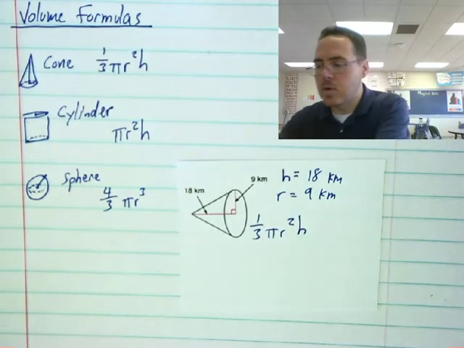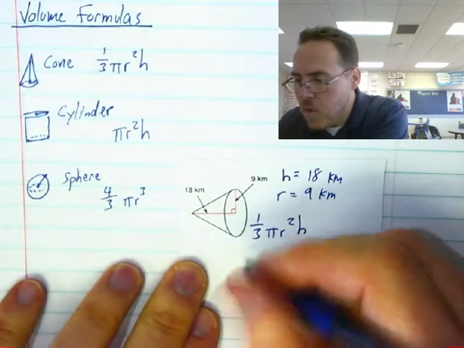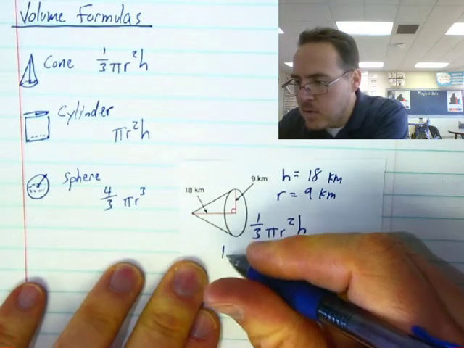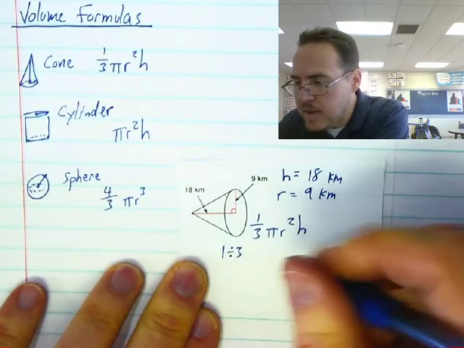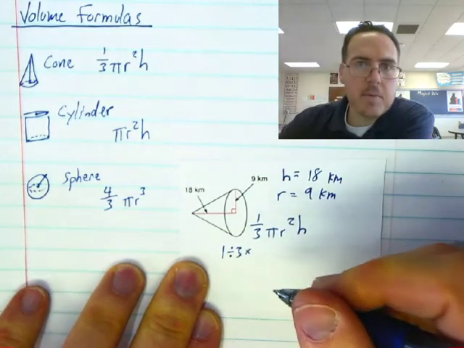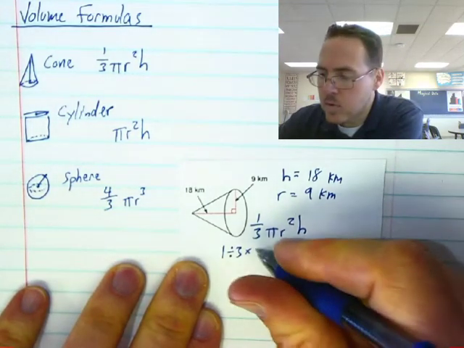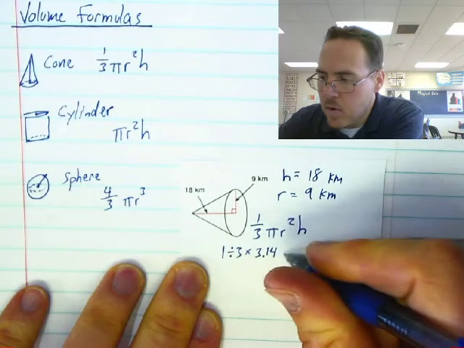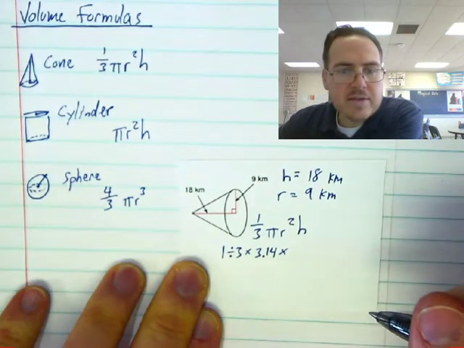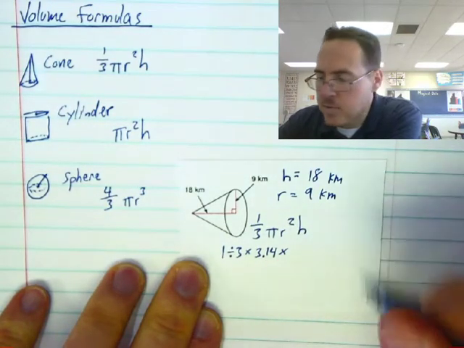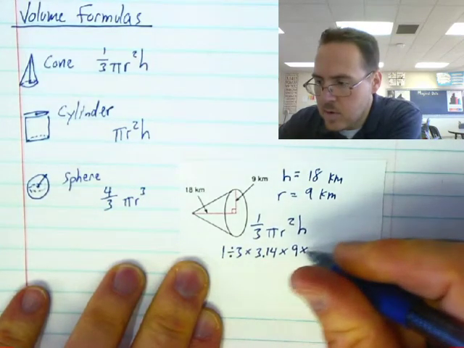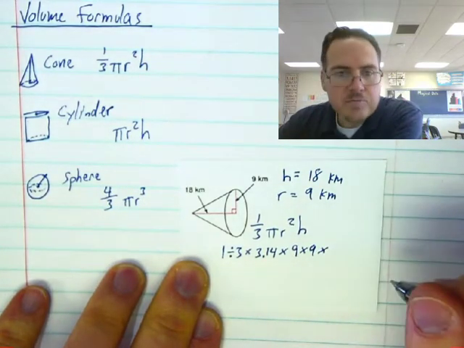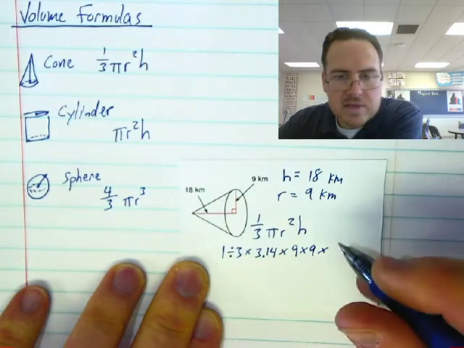So that would be 1 divided by 3 times pi, which is the value I'm going to use is 3.14, times the radius squared. The radius is 9 kilometers, so that's 2 9s, times the height, which we see is 18.